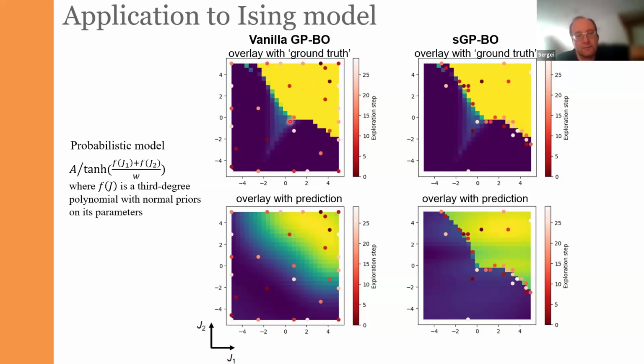So what you see here is the magnetization distribution in the Ising model. It's a very convenient test, depending on the values of the exchange parameters. You see that they change from -4 to 4 for the nearest neighbor and -4 to 4 for the next nearest neighbor. So here, when they both are positive, this is a ferromagnetic phase, it's yellow.